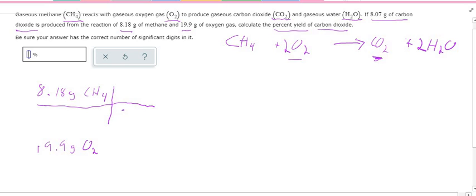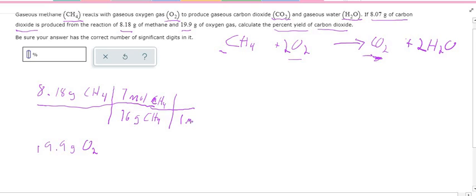And so I know that there are 16 grams of methane in 1 mole of methane, CH4. Alright, now I'm into moles of methane. Then I know that for every 1 mole of methane, then I make 1 mole of CO2. So let's go ahead and write that.